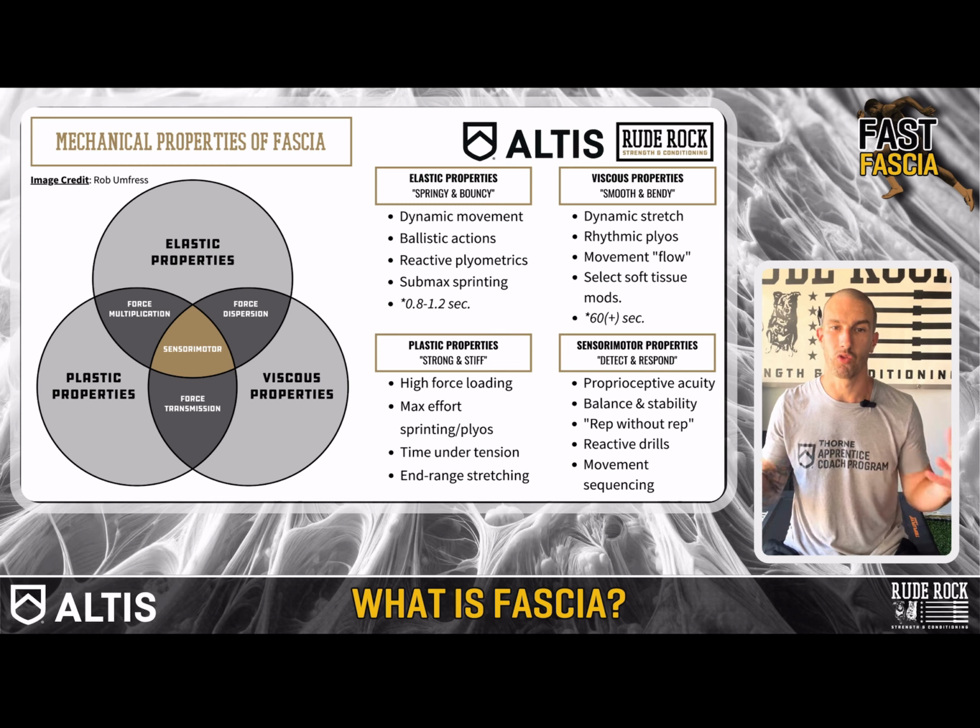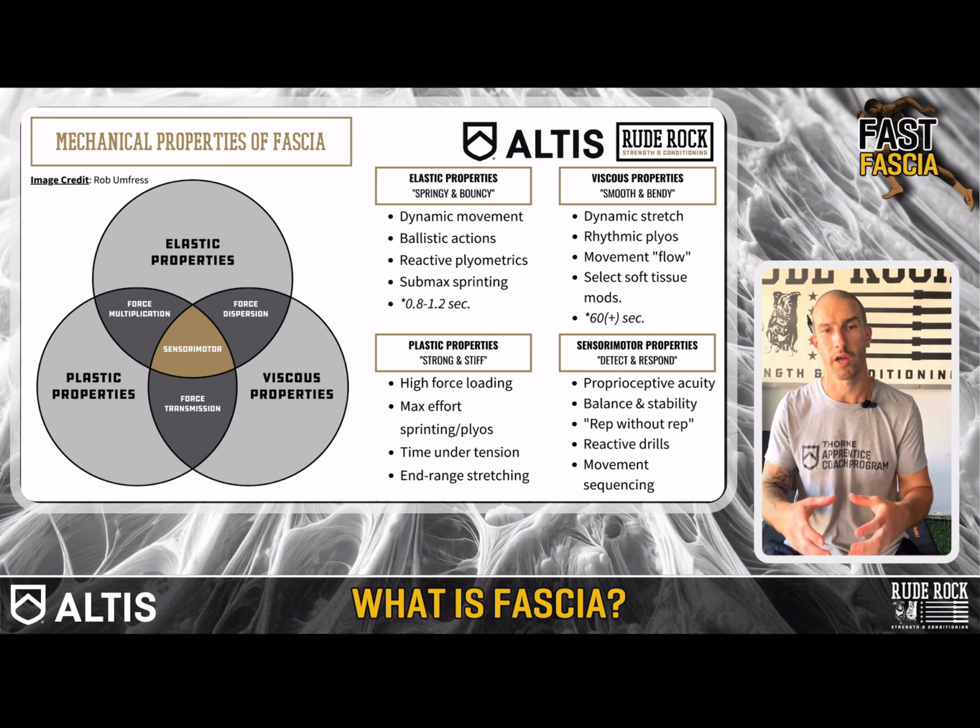And then we have those sensory motor properties that we've covered already. Those 4 mechanical factors for fascia are what strength coaches and practitioners are going to predominantly be thinking about when we're thinking on exercise selection and programmatics and how we are organizing our training and our restoration with our athletes.